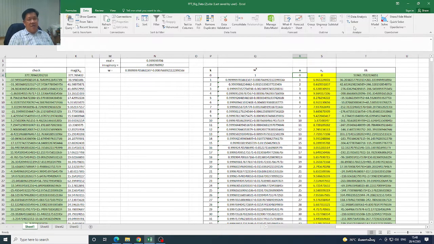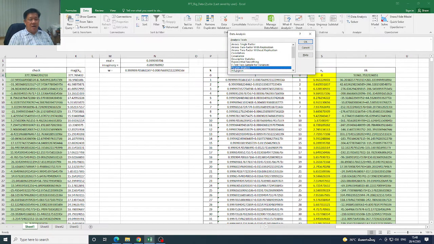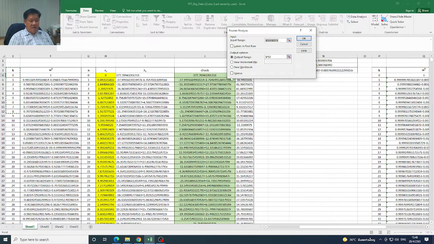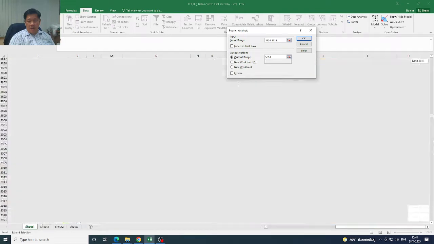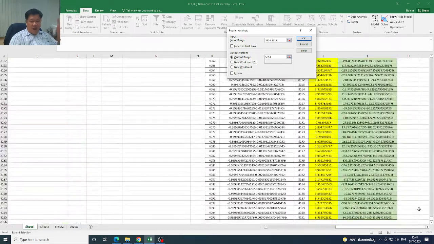If I want to apply Fourier analysis here for sheet 1, suppose I start here, and then we go down, just press column, because we don't want to drag it down. It's very long data. So this one is all 8,192.